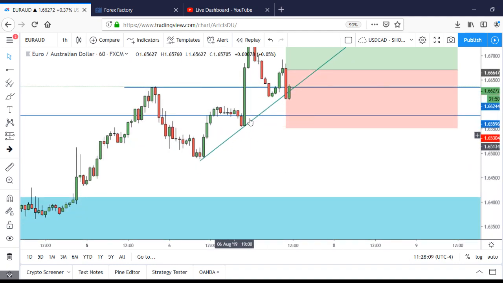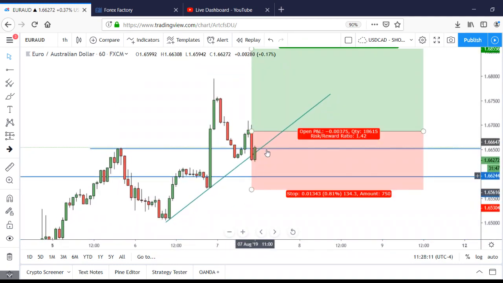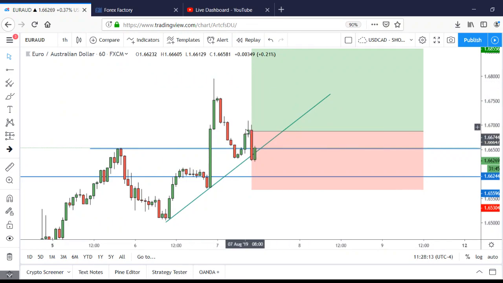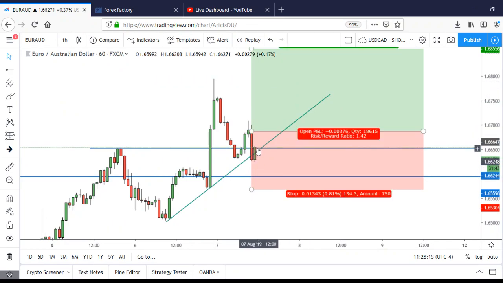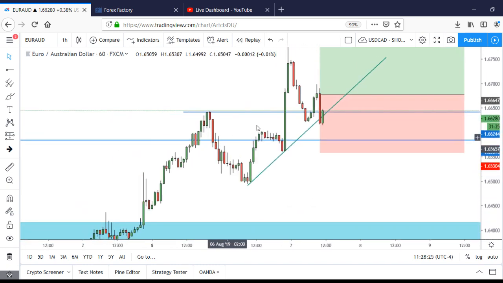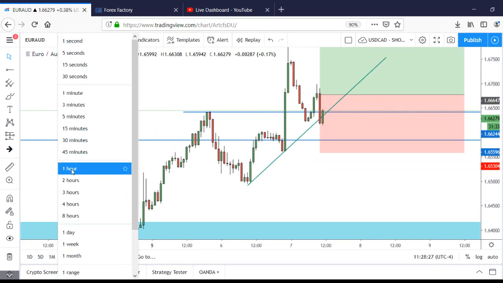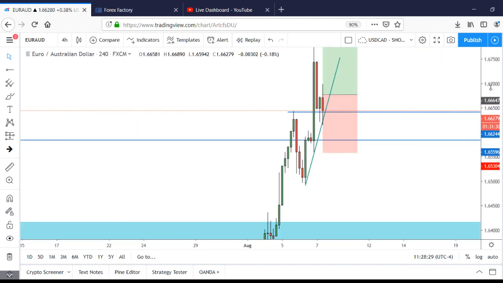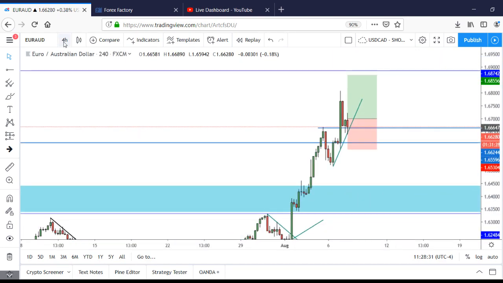But we do have this nice trend line here to act as a kind of support for those that are in buys. You may be looking at this as a lifeline. If we do get a break outside of this trend line, we may see some slippage in the Euro Aussie, just because it has overextended quite a bit.